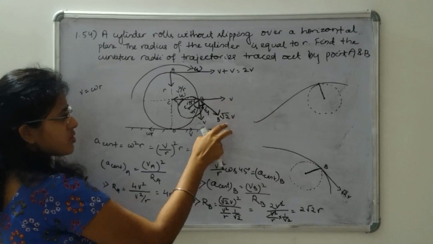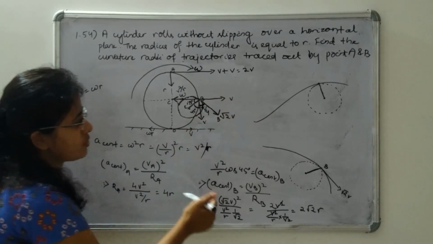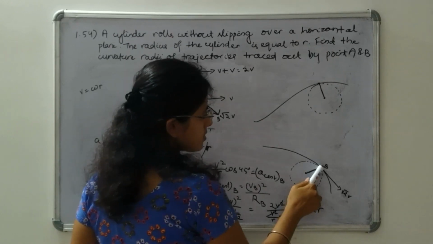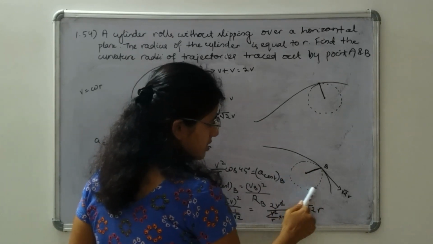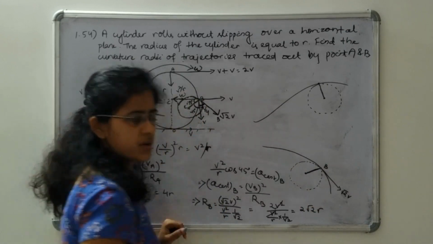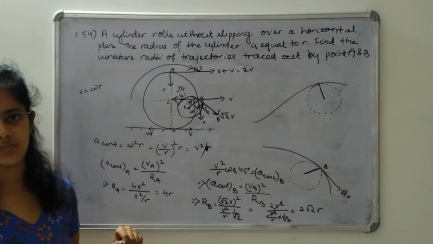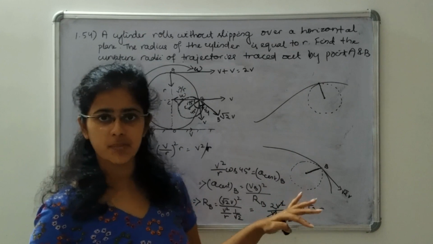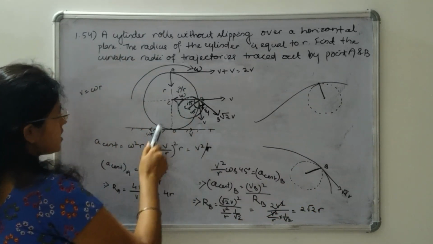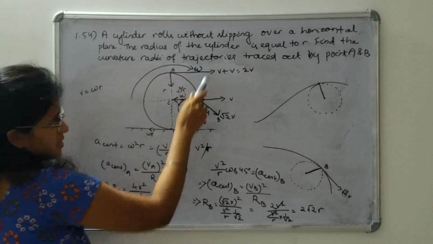The resultant velocity is along this direction, so the trajectory is like this. As you have to consider the point B and its radius of curvature, this is the radius of curvature traced out by point B. There are also 3 accelerations at point B, but you have to consider only the acceleration towards the center because you have to derive the radius of trajectory.